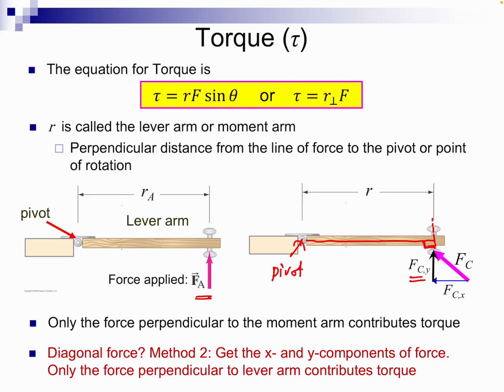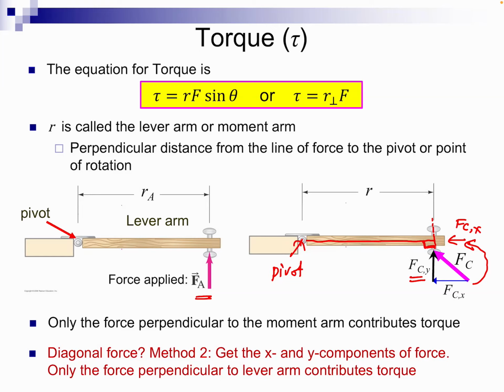Notice that the horizontal component will just directly pass through the pivot. So of course, you can just translate this horizontal component up here and draw that as FCX. And notice how the horizontal component will directly pass through the pivot.